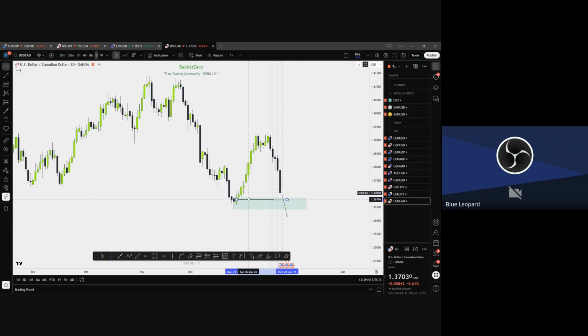Why? Because we had the zone that should reject price, but now we continue lower, like here. Price did what? Price broke through it. And what did we do next? We continued bearish. Okay? The main theme was bearish. Here, everything that's pushing in the opposite of that direction is a pullback.